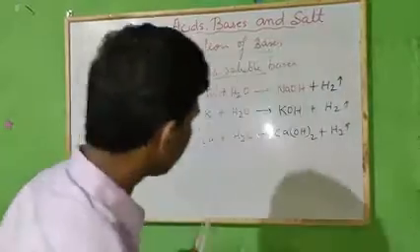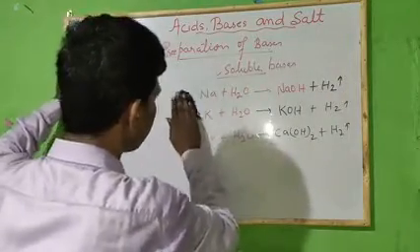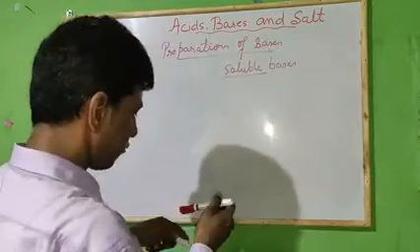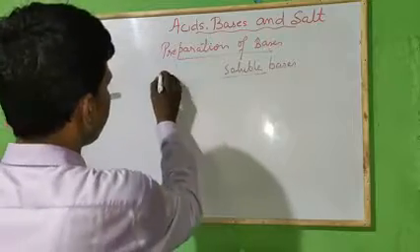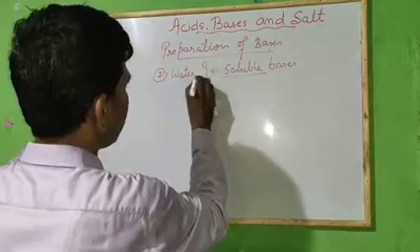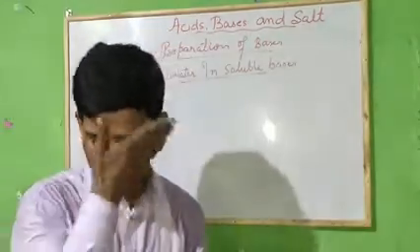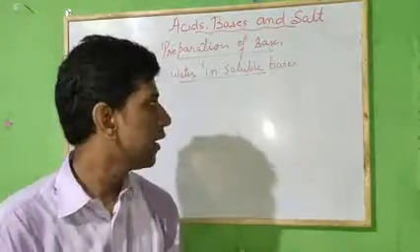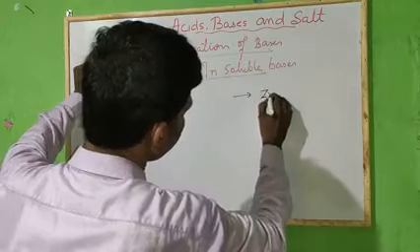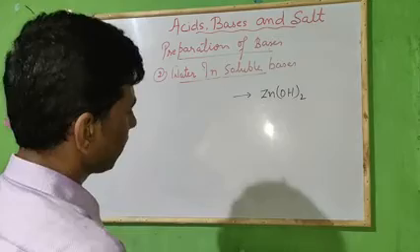But how can you make water insoluble bases? There are so many water insoluble bases, and this is the second process. If you have to make water insoluble bases, keep a few things in mind. Suppose I write one example, zinc hydroxide, which is a water insoluble base.